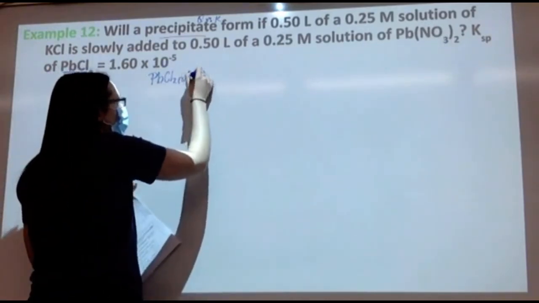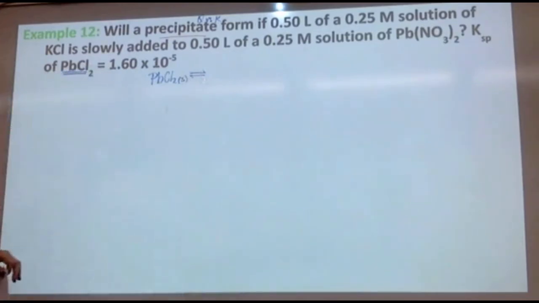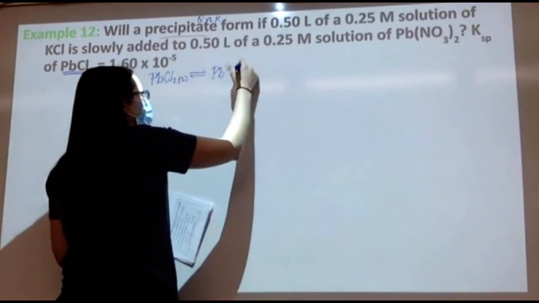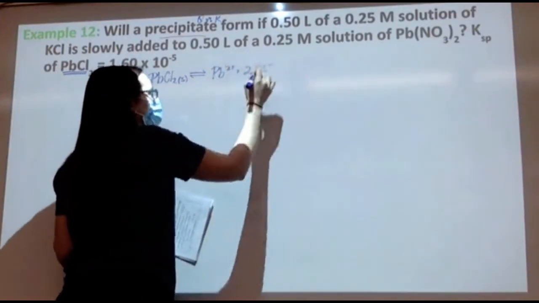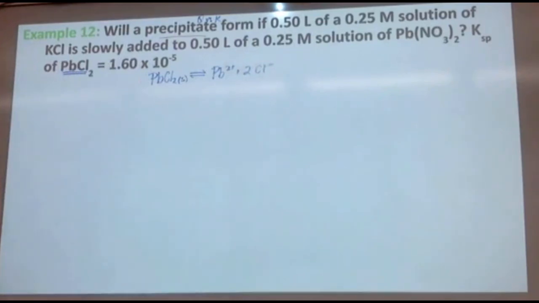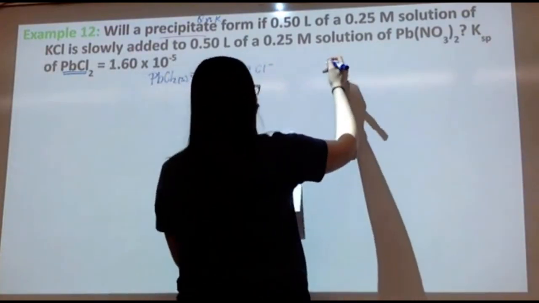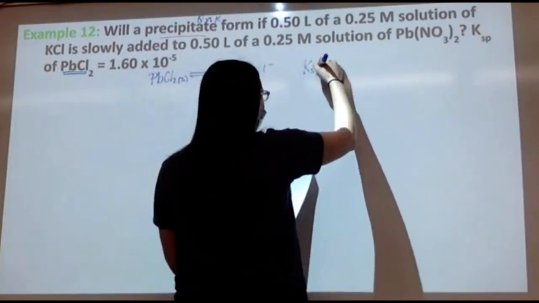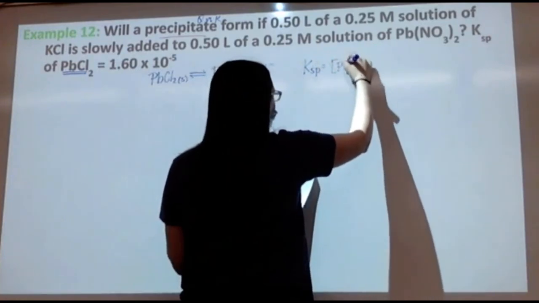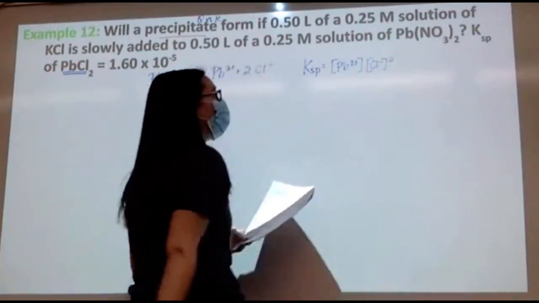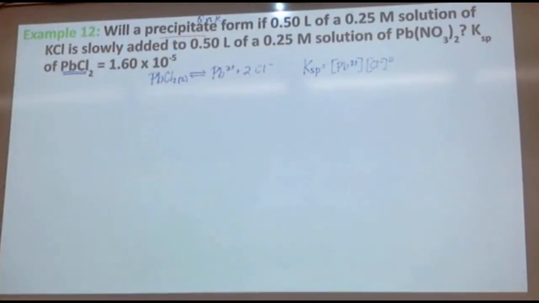But the solid that we are focused on, that's at equilibrium with its ions, is PbCl2. And the reason that we still want to write that reaction is because we want to write the Ksp expression. Because for a precipitate to form, we still need to compare Q to K. And the Qsp expression is the same as the Ksp expression.